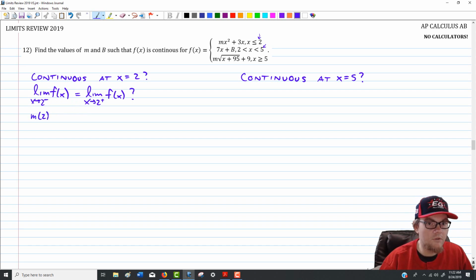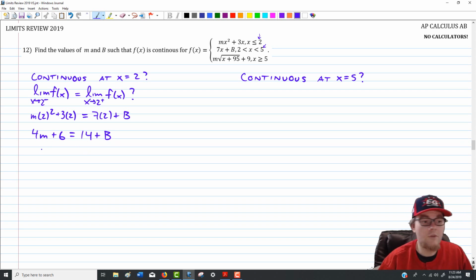We'll have m times 2 squared plus 3 times 2, and that'll be equal to 7 times 2 plus b. That's going to be 4m plus 6 is equal to 14 plus b. If I subtract b and subtract 6, I'll get 4m minus b is equal to 8. So there's a nice equation for us to work with. It's a good start.